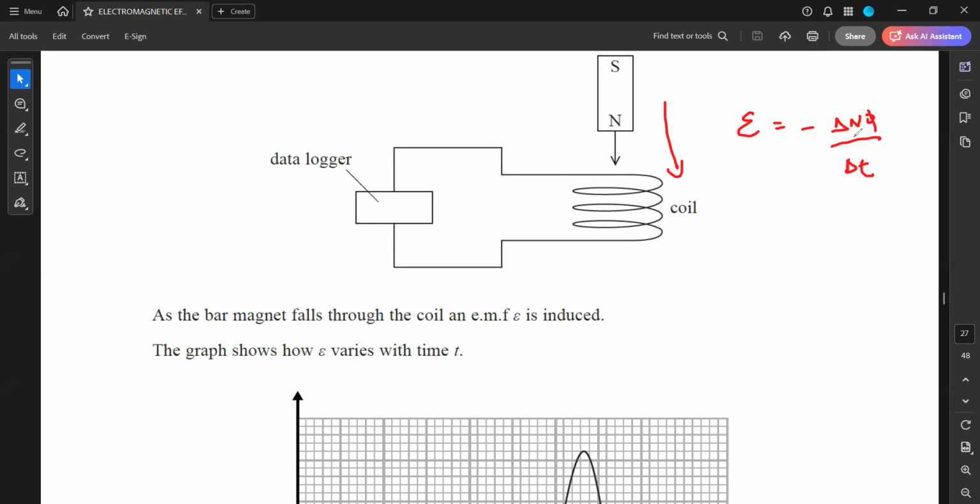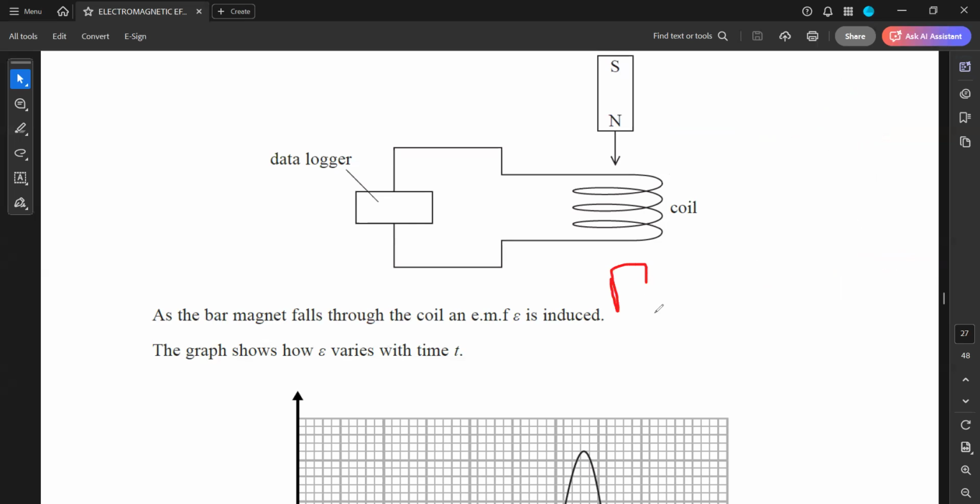So when we work out final minus initial, this value will be positive, because N phi means the change in magnetic flux linkage. This positive answer is multiplied by the negative from the outside, as part of the formula. That's why the induced EMF was negative initially.